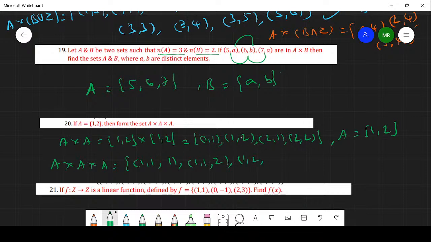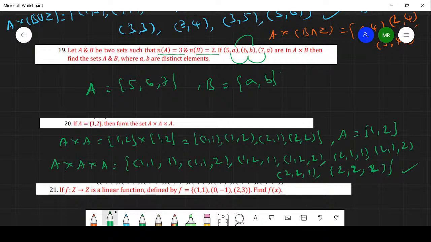Then (1, 2) with 1, (1, 2) with 2. You take (2, 1) with 1, again (2, 1) with 2. Now (2, 2) with 1, (2, 2) with 2. Like this you can find. Be careful when you are finding the triplet.